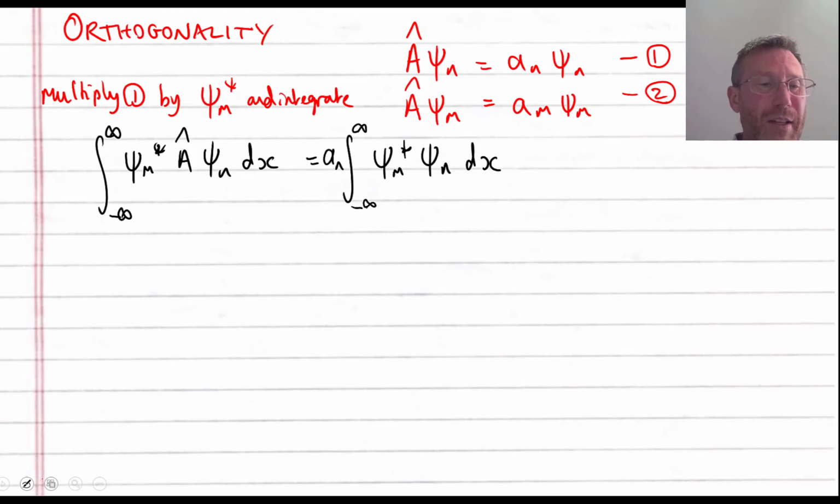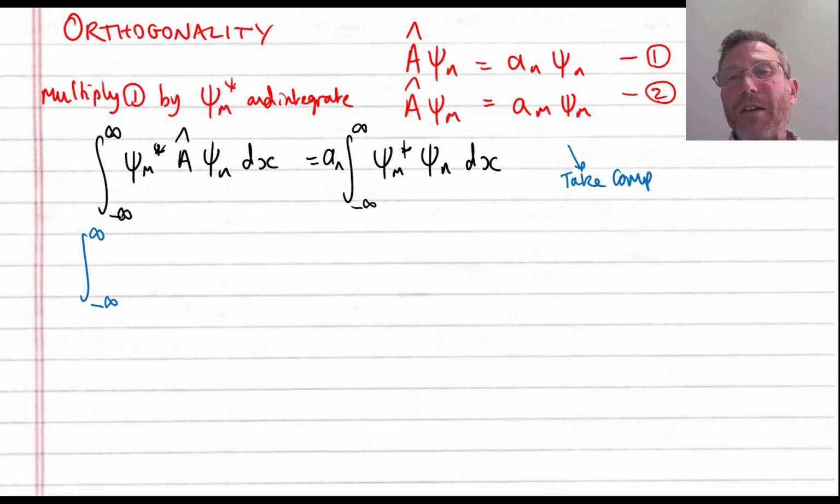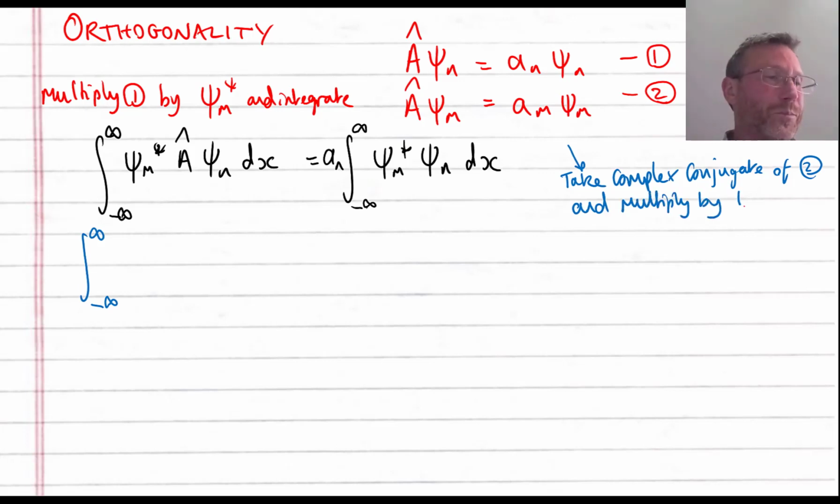So let's do that all in a different color. Let's write down what we're going to do: take the complex conjugate of 2 and multiply by psi sub n and integrate. Okay, let's do that. So we're going to multiply by psi n. We're going to take the complex conjugate.